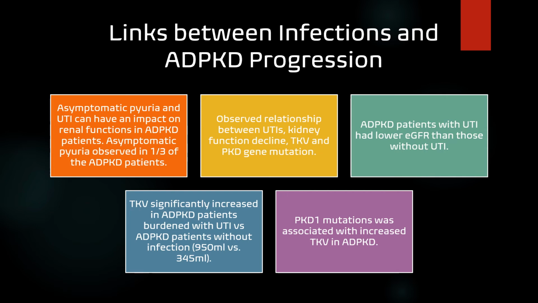The difference in total kidney volume can be anything between, at the higher end, 950 mils, and at the lower end, 345 mils, relating to ADPKD and infections aligned with TKV.